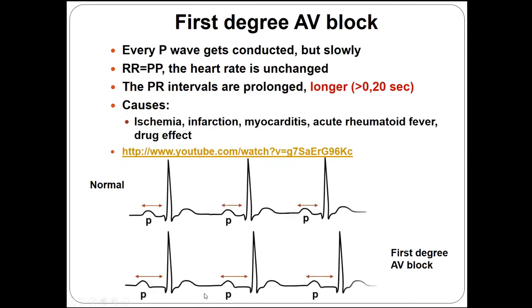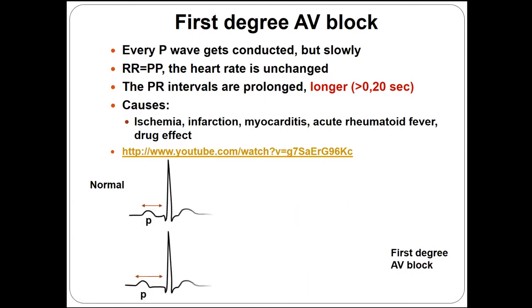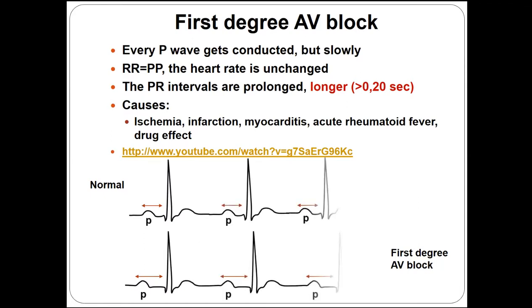What we see is that the heart beats rhythmically. Every P originates in the same area, at the same time, but the PR is getting longer.